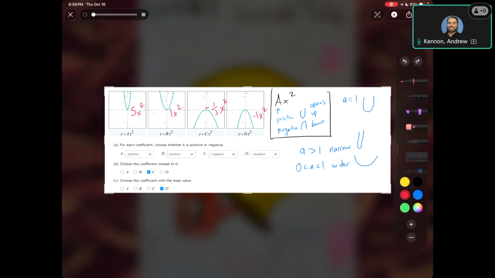So the number closest to 0 is going to be the widest one. Whereas on the flip side of that, the biggest number would be the narrowest.